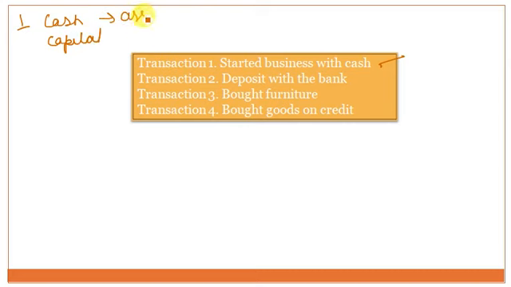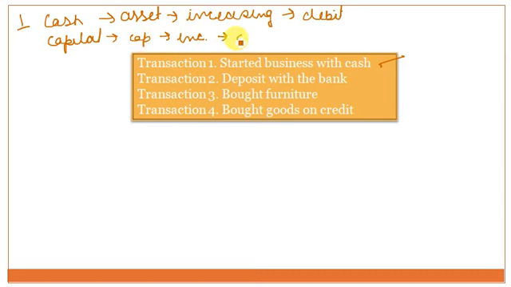Cash is an asset, and as we enter all the transactions from the firm's point of view, in this case assets are increasing, and that's why it should be debited, whereas capital is also increasing, that's why it should be credited.